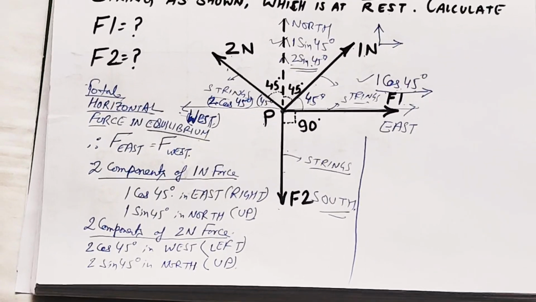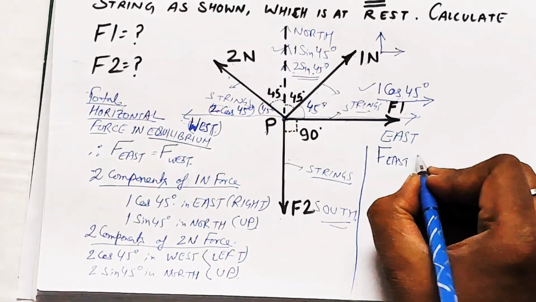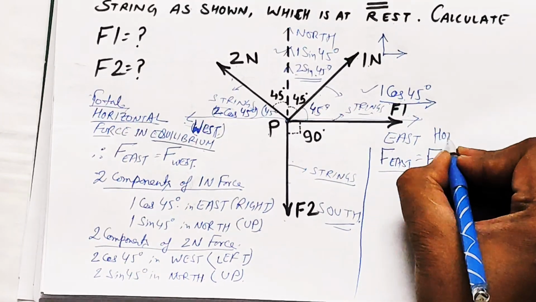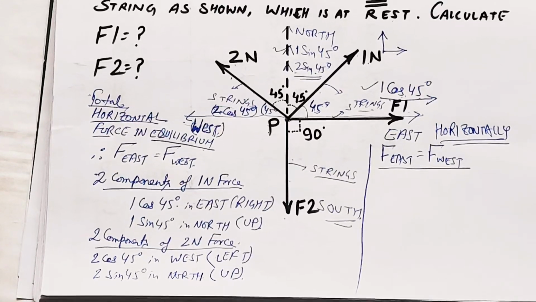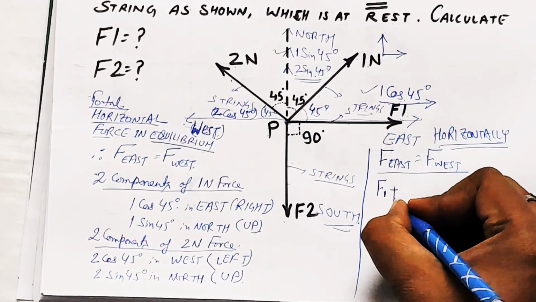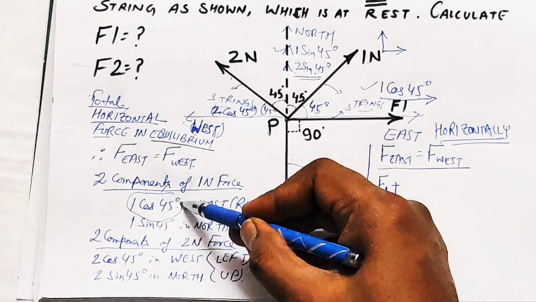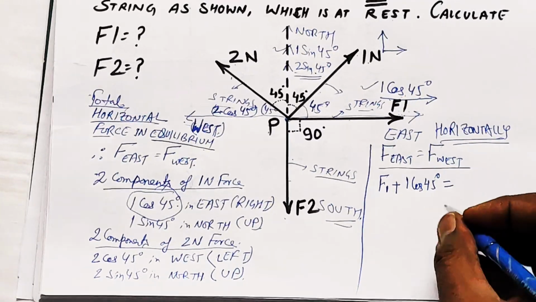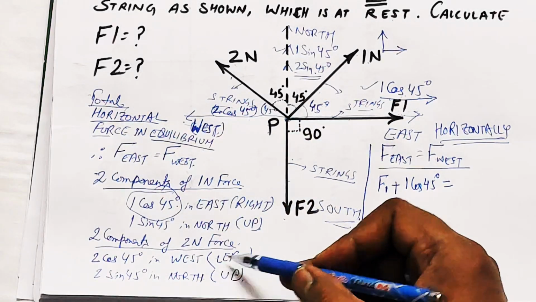Now we equate the horizontal forces: the forces acting into the east will be equal to the forces acting into the west. Into the east we have two components of force: F1, which is unknown to us, a variable, added with this 1 cos 45. Both these forces add up to give the total force acting into the east.